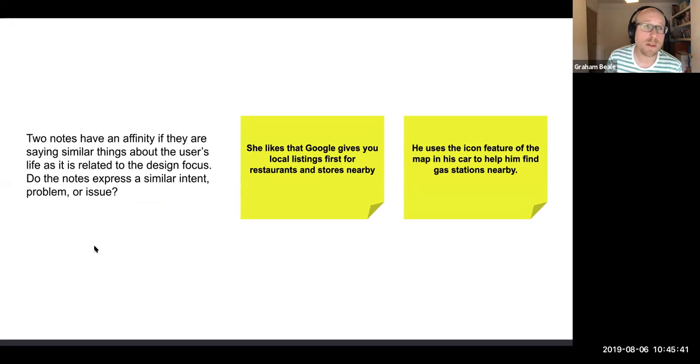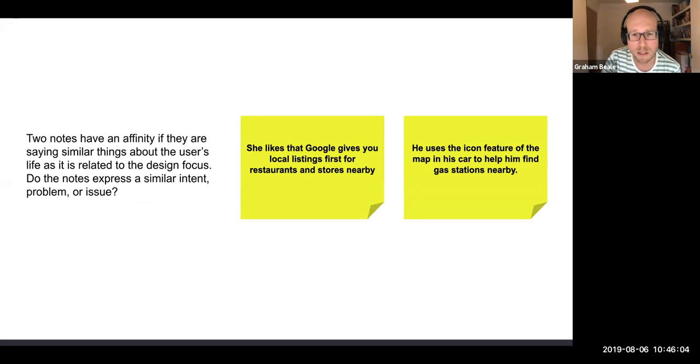So sometimes you're going to notice things, which is difficult to verbalize, but you're going to collect things which seem significant at the time, and you're not quite sure what it is about that is significant. So in this scenario, you've got two cards. You could go multiple different ways here.